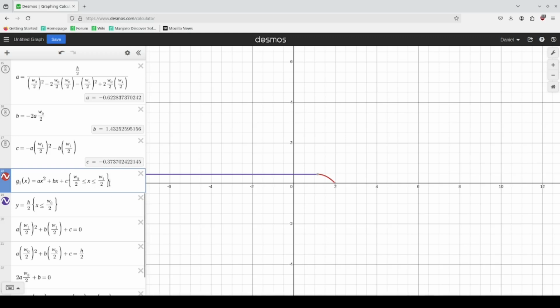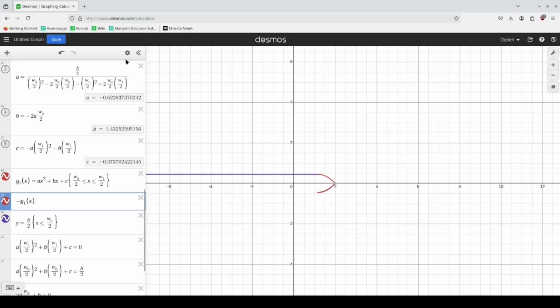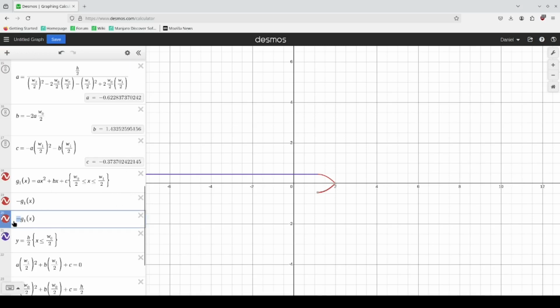Now what this allows you to do is make g sub 1 of x, and again, make all the y's negative, and then you do it again, make all the x and y's negative, and a positive version of this.